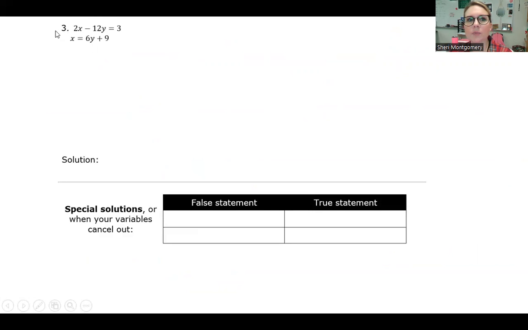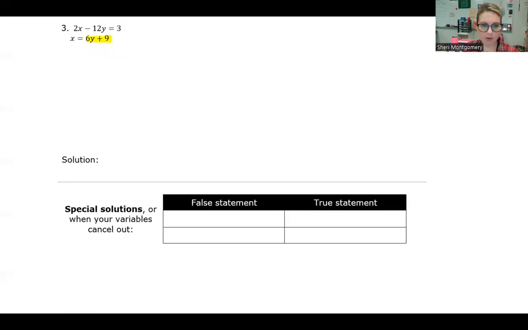The next one, we have another equation, and is one of them x equals or y equals? Yes, so we can use substitution. Especially in this situation, graphing it is going to be more difficult. You're going to take more time trying to graph it than you are to just use substitution. So for this one, yes, we have an x equals equation. So x is equal to that.